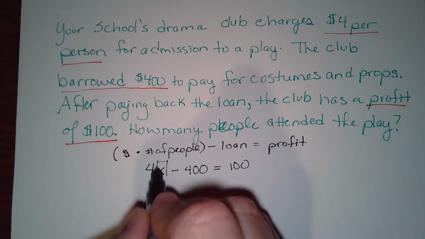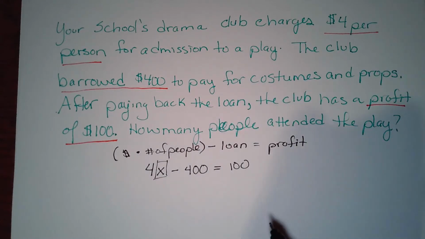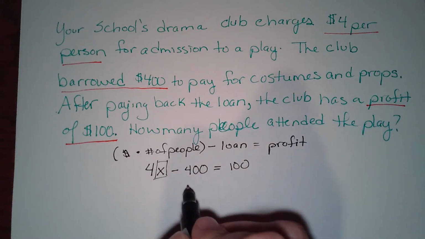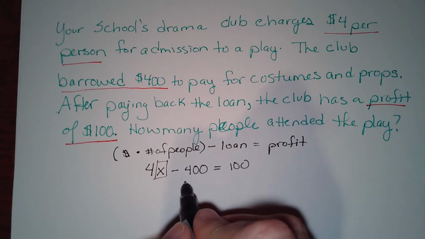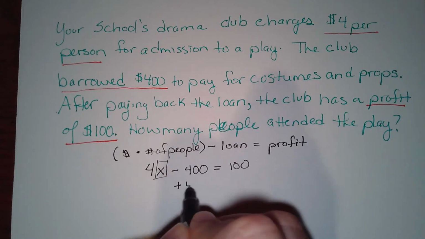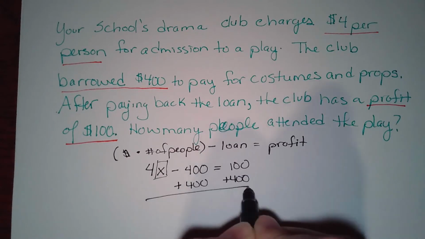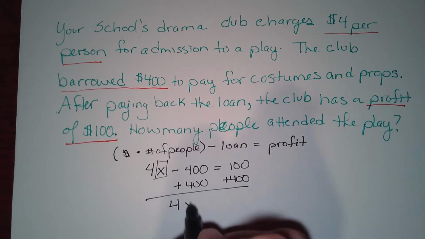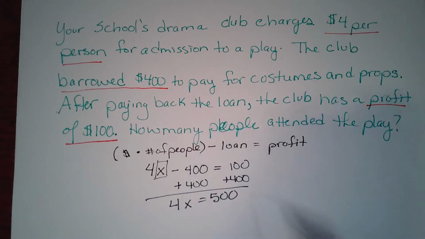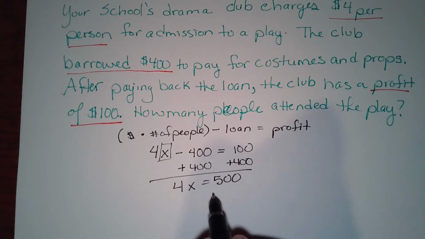So I'm going to box the x in to remind us that's who we're going to be isolating. So the opposite of subtraction, of course, is addition. So I'm going to add 400 to both sides. So I get 4x equals 500. And then to isolate the x once again, we have to do the next step, which in this case is going to be the opposite of a multiplication.